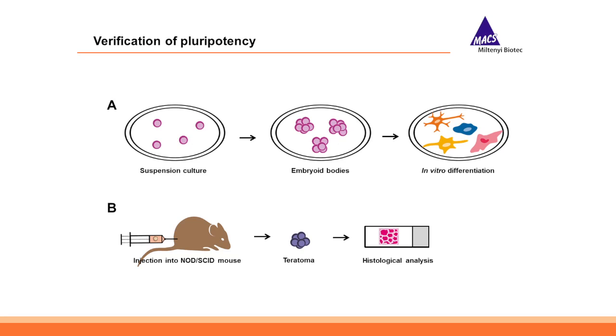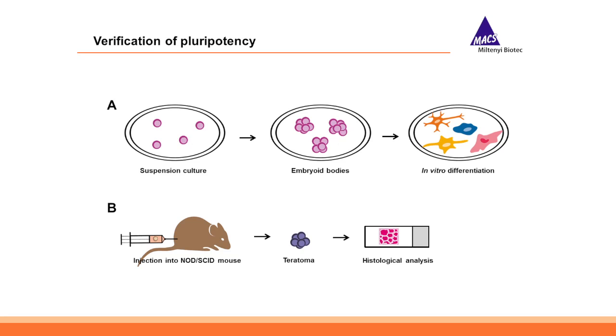So they differentiate, and after several days of culture, this results in embryoid bodies, which can be individually transferred and cultured further under conditions appropriate to coax development of various cell types, and then stained for different cell type markers to see if they are really able to form all the cells of the body, which is the evidence that these cells are still pluripotent.